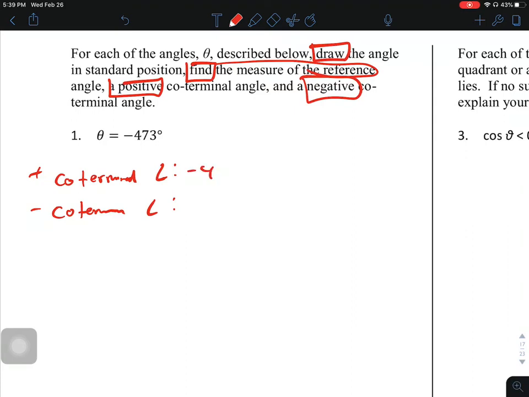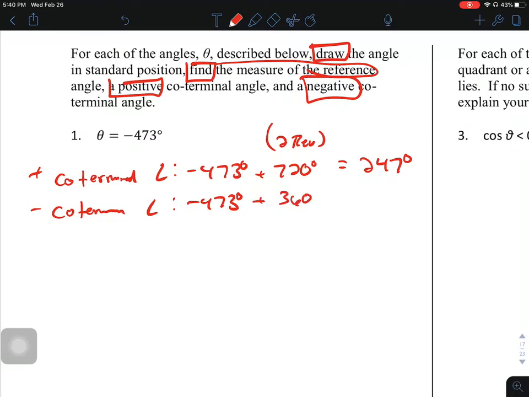So if we take negative 473 degrees and add 2 revolutions, which is 720 degrees, that's going to give us 247 degrees. If we take negative 473 degrees and add 1 revolution, 360 degrees, we're going to get negative 113 degrees. So we got a positive and a negative coterminal angle.